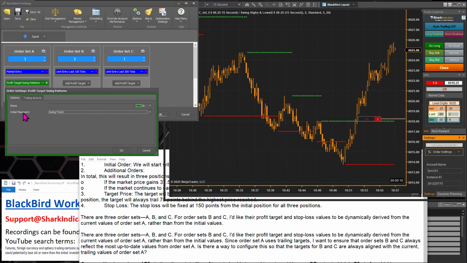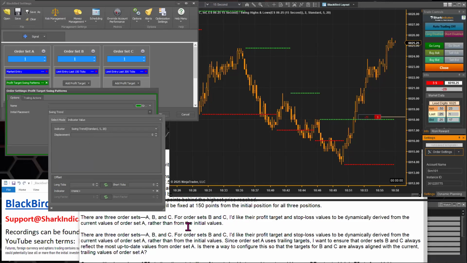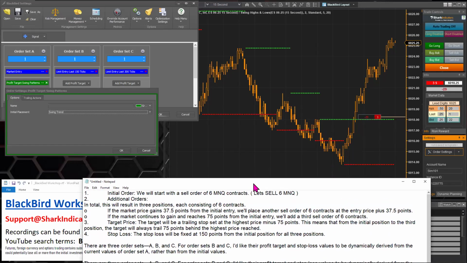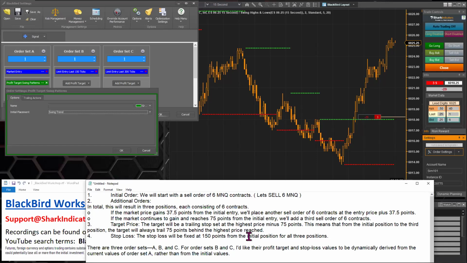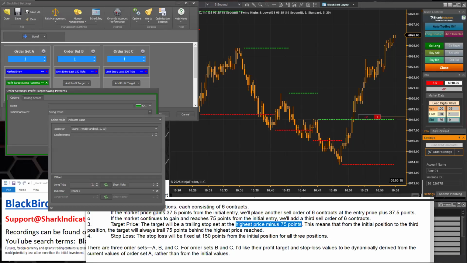All right, so let's go back to our initial placement there. So we have the swing in there. Now we need to put in that, hold on, I need to move this down a little bit. There. All right, so we need to put in that 75 points. That's going to be 300 ticks.